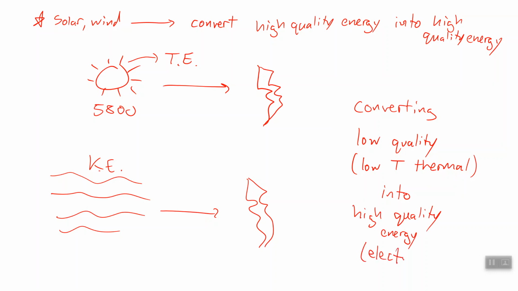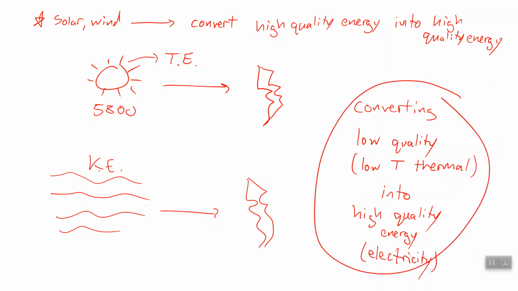Okay, so you see how this is different than what we've done before, right? Up till now, we've only looked at high quality to high quality. Now we're going to go low quality, because we're going from low temperature thermal energy into high quality energy, or electricity.